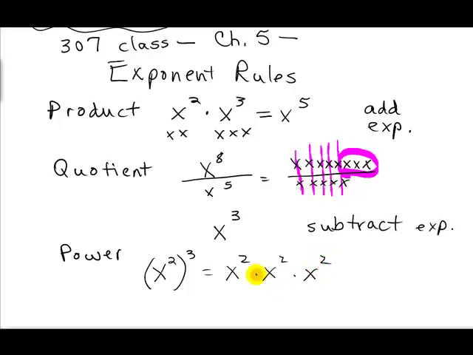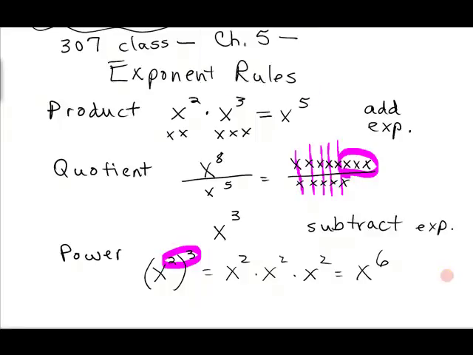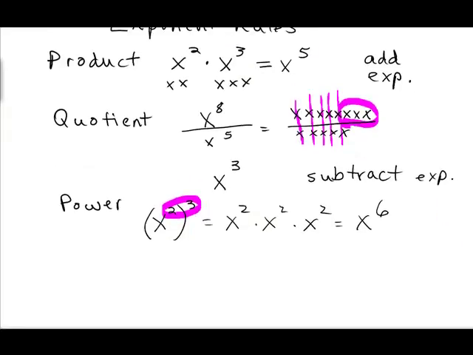And if I use the product rule, because we're multiplying, 2 plus 2 plus 2 equals 6. Or if I look at where I started, what we want to do here is multiply these two exponents to get our answer.